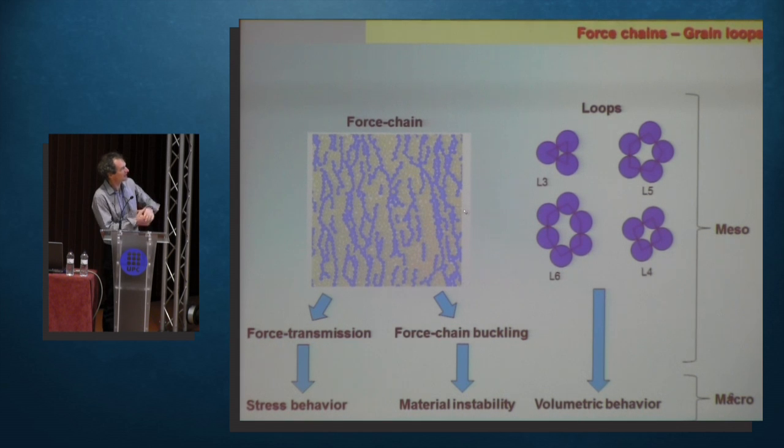That means that as soon as we have force chain buckling, then we have a limitation in the strength of the material. But we would like to know why we have buckling in some cases and not in other cases. And the response could be in the context of the loops. Of course, the loops will stabilize the force chains, but also the loops will govern the volumetric behavior of the specimen. This is why we can have a sort of parallel between both strength and volumetric behavior in a granular material.